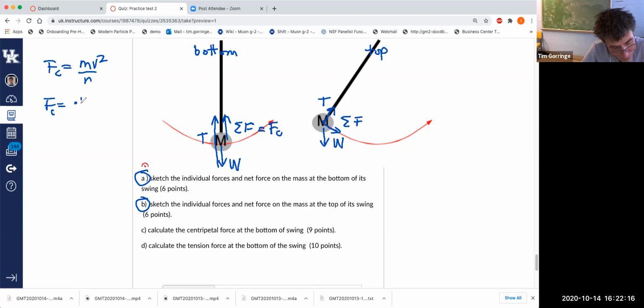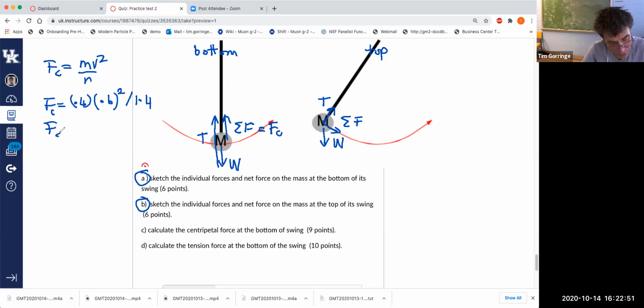It's 0.4 kilograms. Again, I'm going to be really lazy here. If I was taking the test, I would put the units in, but because I'm using this pen that I'm barely in control of, I'm not doing that. 0.4 kilograms times the speed, which was 0.6 meters per second, squared, divided by the length of the string, the radius of the circular path, that's 1.4 meters.